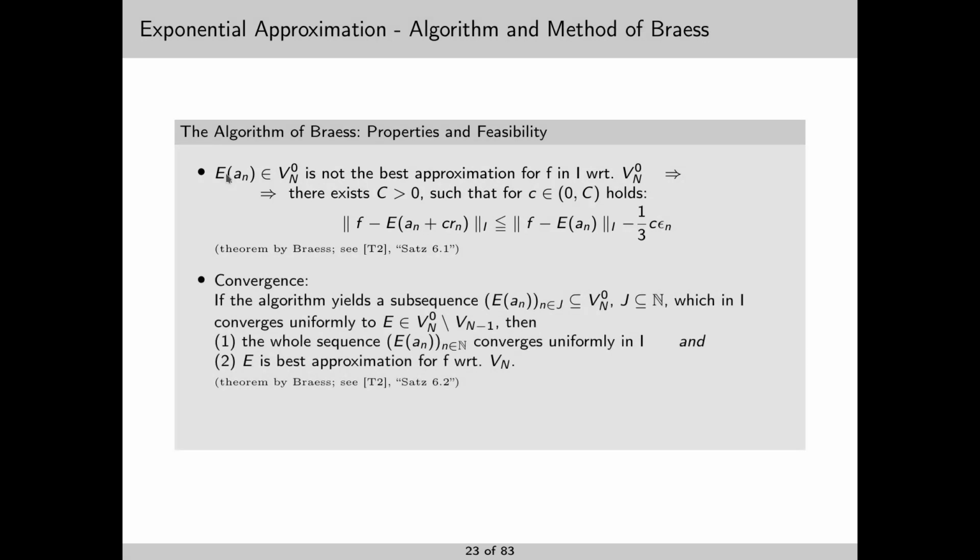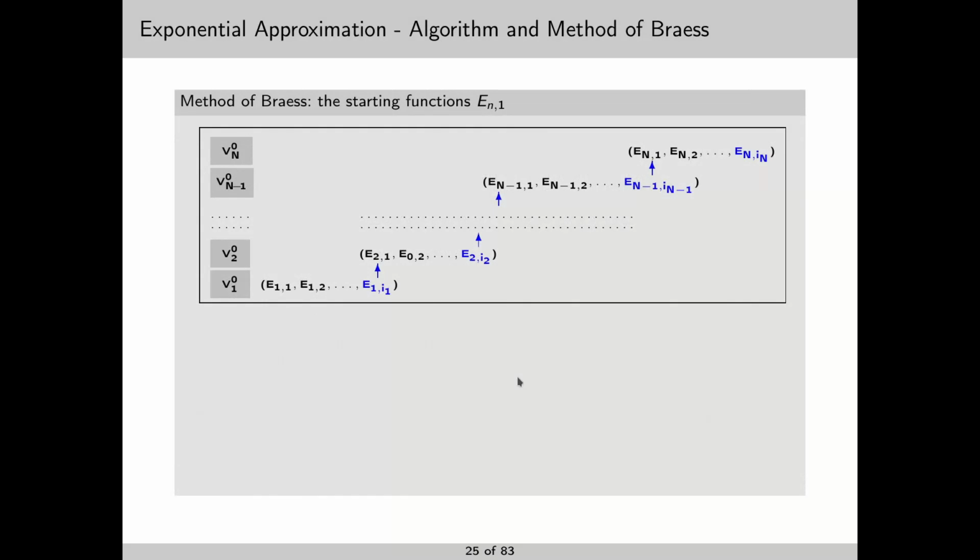Also, if the algorithm produces a sequence of functions converging to some exponential sum e, then e is the best approximation with respect to V_n. However, convergence is not guaranteed. Back to the method of Braess. There is still the issue of what starting functions e_i^1 should look like, of how to start these sequences.